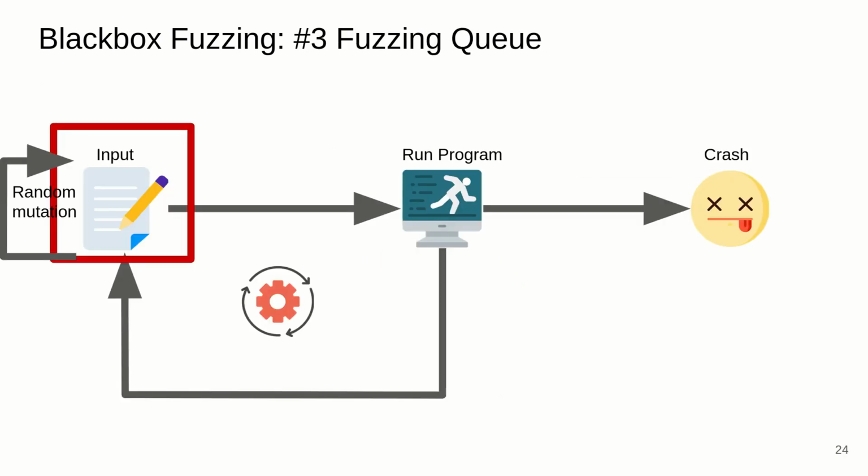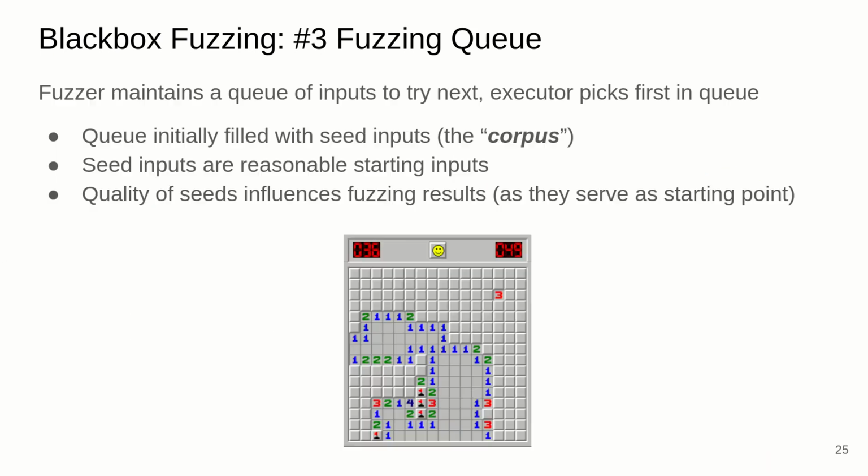The fuzzer also has a fuzzing queue, right? So this is a set of inputs that it keeps to fuzz, and then it keeps creating new inputs and runs the target program with these newly created inputs. The fuzzer maintains this queue of inputs to try next, and the executor always picks the first one in the queue. The queue is initially filled with seed inputs, and seed inputs are reasonable starting inputs that we can use to explore different areas of the target.